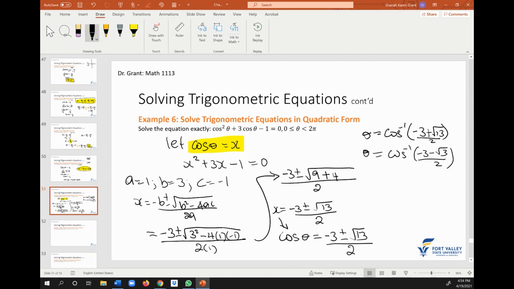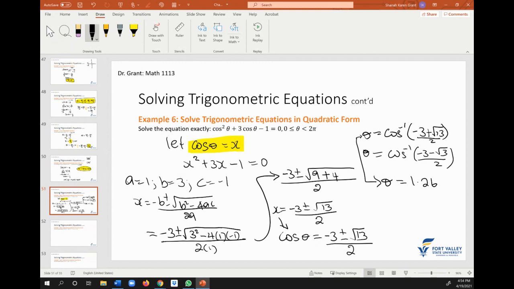Okay, so now if you plug in cosine inverse of -3 plus root 13 over 2, we will get theta equals 1.26.